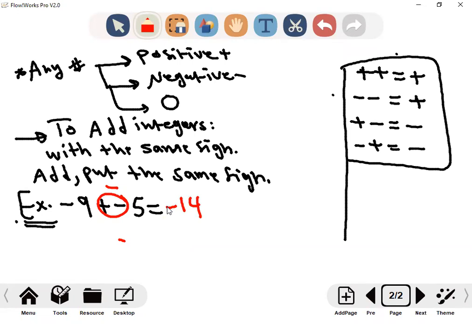For example, if we have -11 minus plus 7. -11 minus plus 7. What is the sign of the 11? Negative.